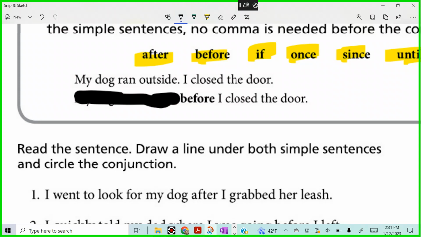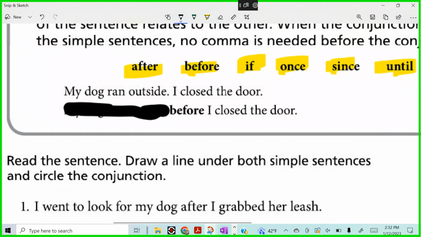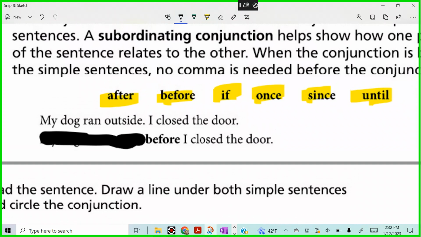What happened before? Right now, before I close the door, as it stands, is a dependent clause. It's a dependent clause because it starts with a subordinating conjunction, and that subordinating conjunction is before. Okay?